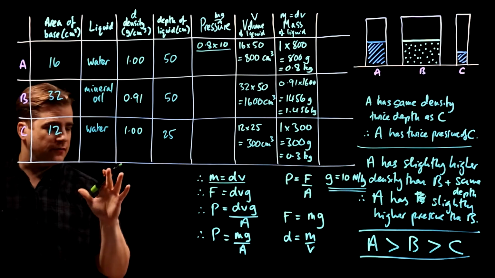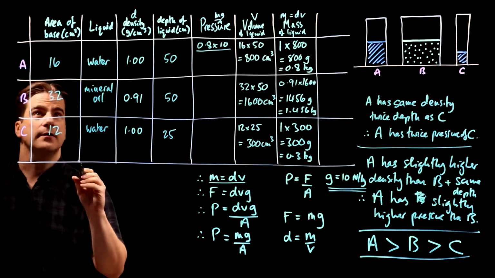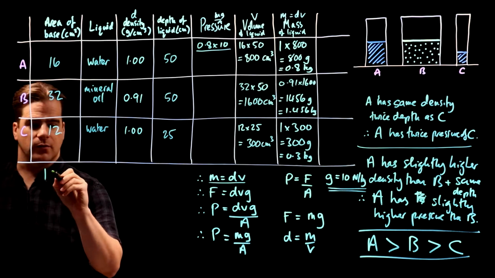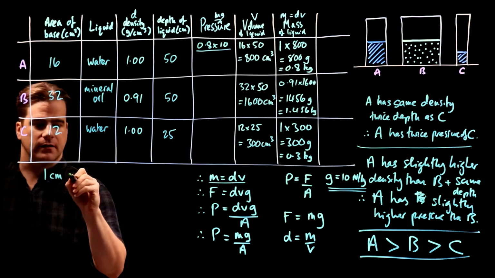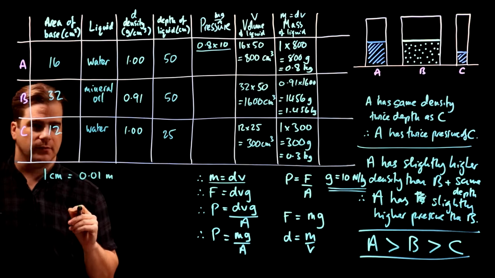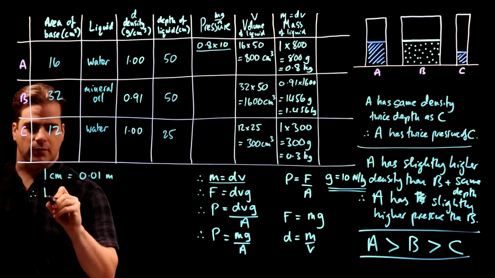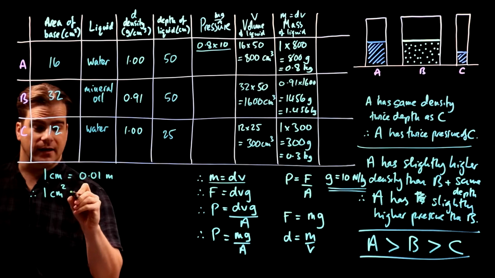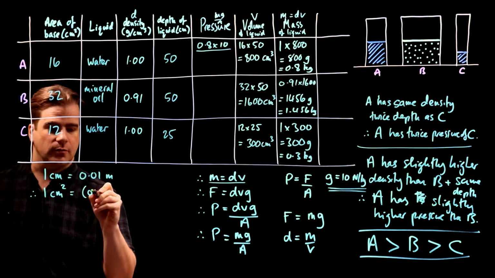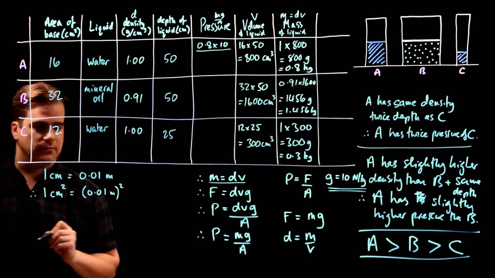Write this down if you need to work it out in the exam. You say that 1 centimetre is 0.01 metres, which you know, right? Therefore, 1 centimetre squared is 0.01 metres squared.